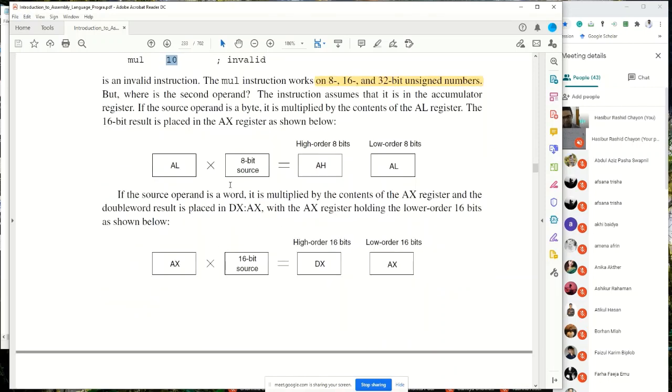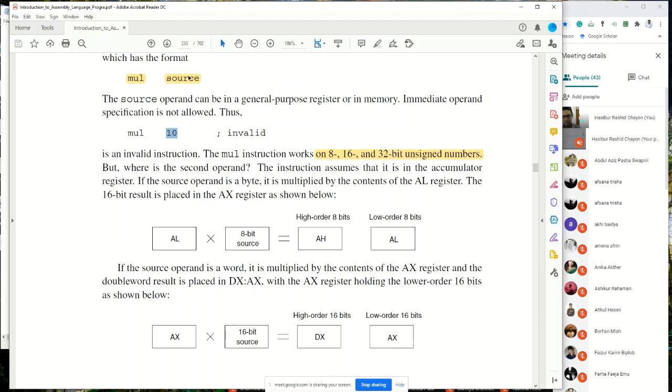multiplication. First type: if the source is 8-bit long, the assembler assumes that the other operand to multiply is stored in the AL register, because AL is an 8-bit register in the first data register, EAX. This is the lower part, right?